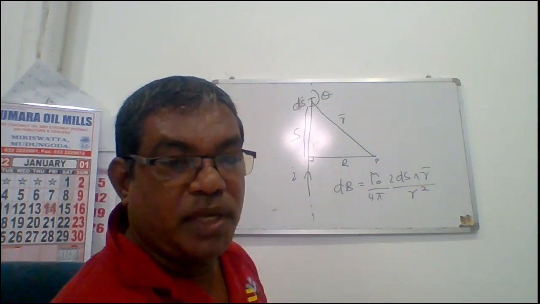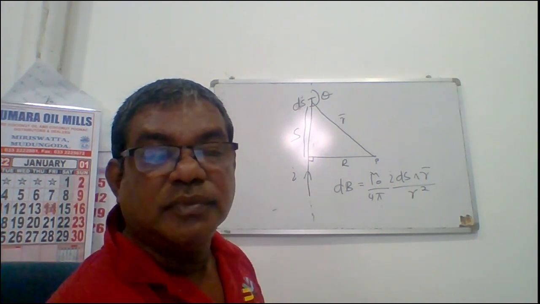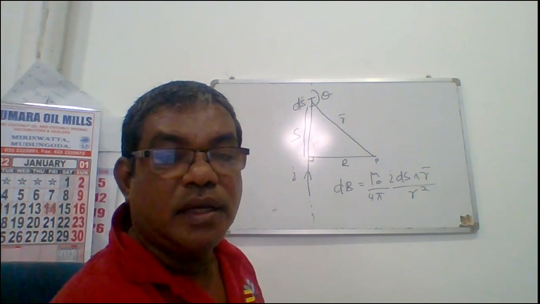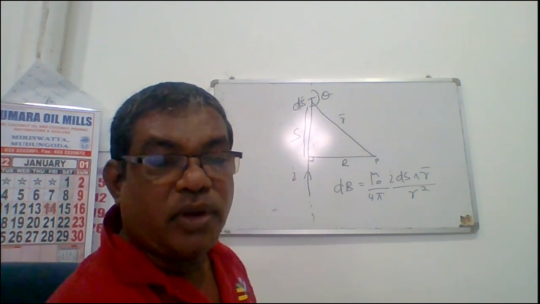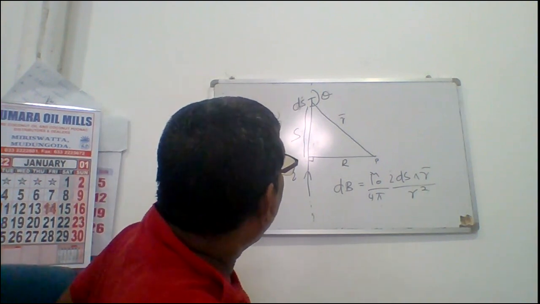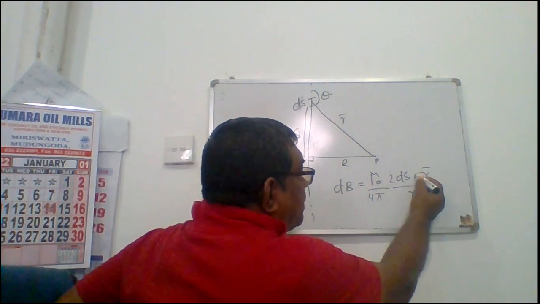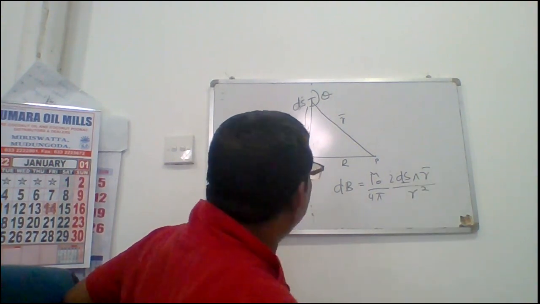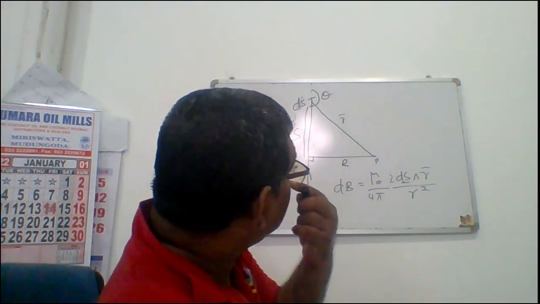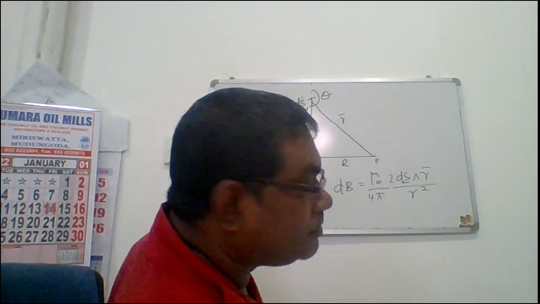It should be r square. This is a vector representation; ds is also a vector and r is also a vector.